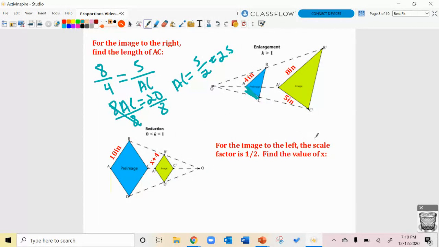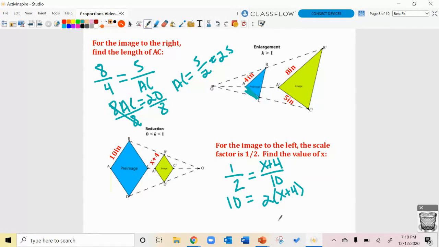For this one down here, it says for the image to the left, the scale factor is 1/2. So the scale factor, new over old, is 1 over 2. Let's see what that's equal to. I'm trying to figure out the value of x. So new is x plus 4 over old is 10. And then we can cross multiply. So 10 equals 2 times x plus 4.